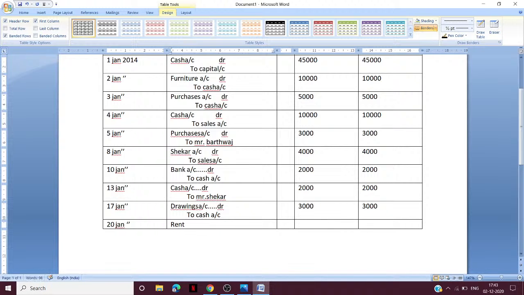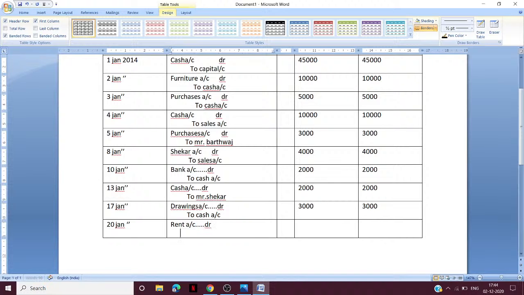Rent. Rent account debit. What is going out? Cash is going out, to cash account. So this is the transaction. What is the amount? 500 on both the sides.